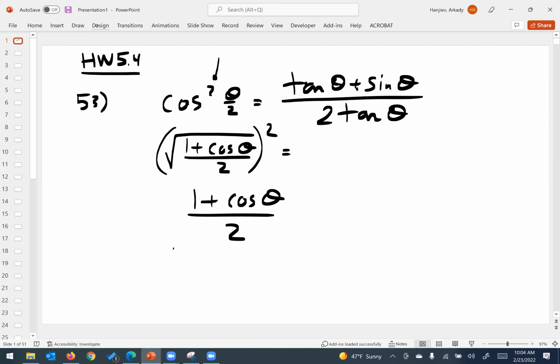How do I get one to the other? Yeah, both tangents to cosine. Okay. And then multiply top for the top half. Like, that would make sense.